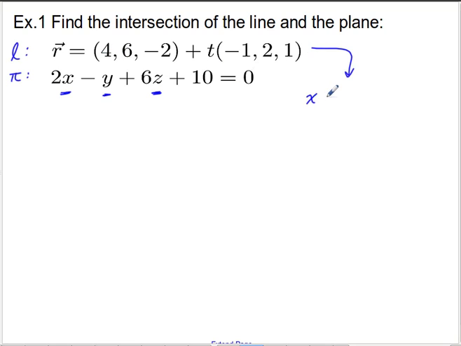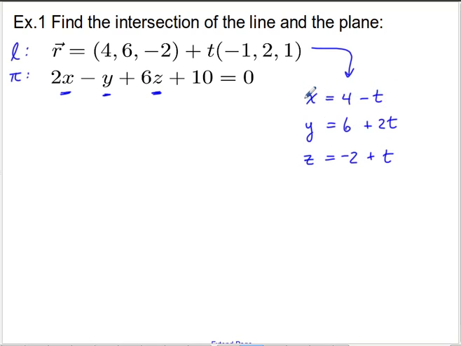So the x component from my vector equation is my initial x component, which is 4, and that's going to be negative 1 times t, so that's going to be minus t. My y component is going to be 6, plus 2t for the direction vector. And then z is going to be an initial value of negative 2, plus t. And now that I've got this in parametric form, the x, y, and z are all expressed in terms of the t parameter.